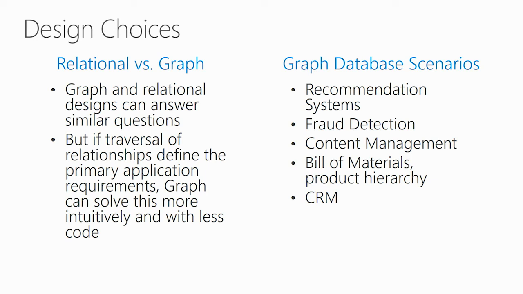And then you have to traverse multiple steps to get to the content, or you want to find what all parts make a particular product. Or CRM where you have salespeople working on opportunities or accounts, and they are connected to each other through these relationships, and you traverse these relationships to either find a shortest path between two salespeople or for some analysis.